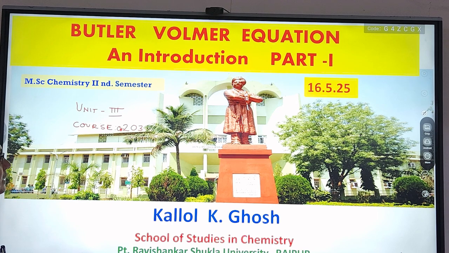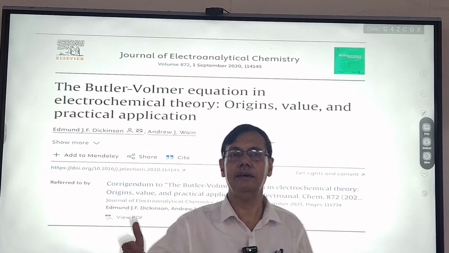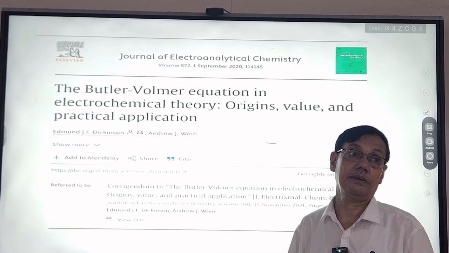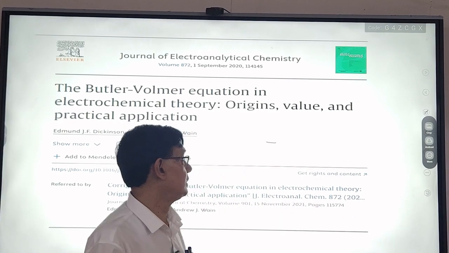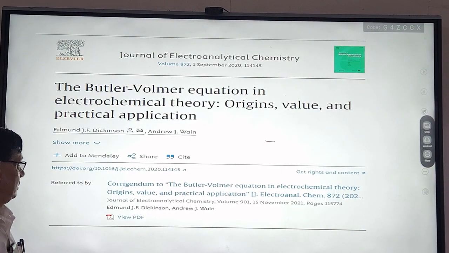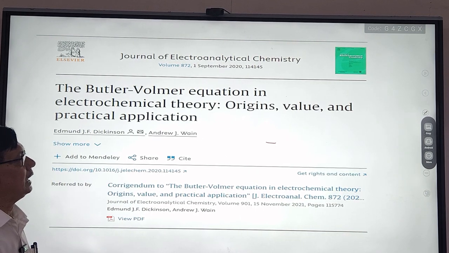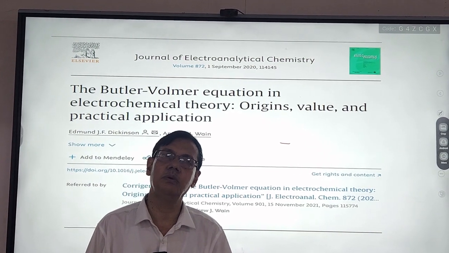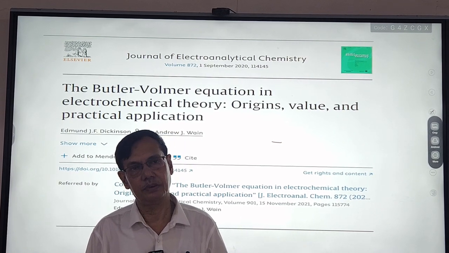Whenever I start any topic, I always discuss with my students what the current literature is, or what good books are available in our library for electrochemistry. For today's lecture, I have referred to one important textbook that you all know, Physical Chemistry by Atkins.